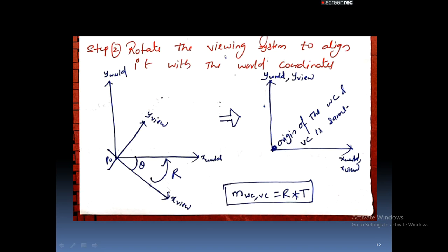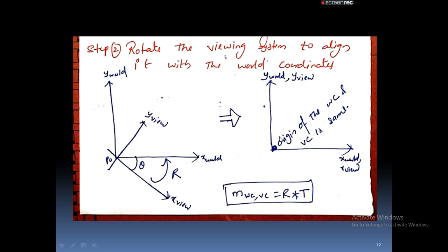So we need to perform rotation here, at an angle theta. When you perform rotation at an angle theta, both coordinate axes coincide with each other. Please see the next diagram. I drew only one Cartesian reference frame, but this is the combination of the world coordinate and viewing coordinate after mapping.